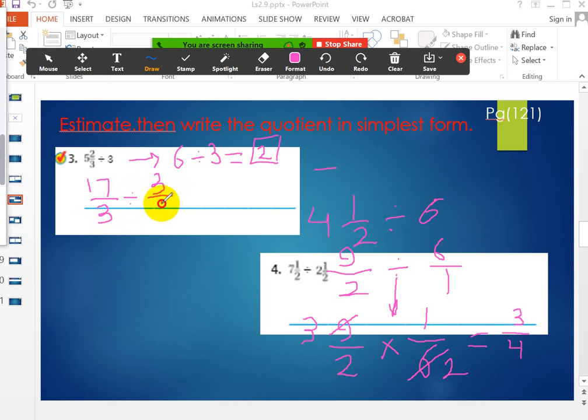Yes, correct. 3 over 1. So I will write this whole number as a fraction and the denominator will be 1. Now I want to convert from division to multiplication. So the number will be what? 15 over 3. You mean 17 over 3, divided or multiply, because I will multiply 1 over 3. 1 over 3, very good.